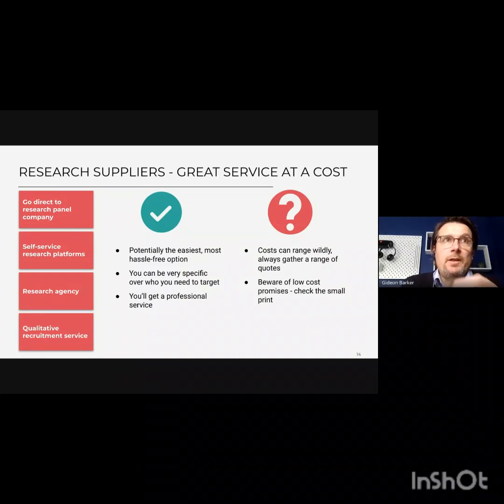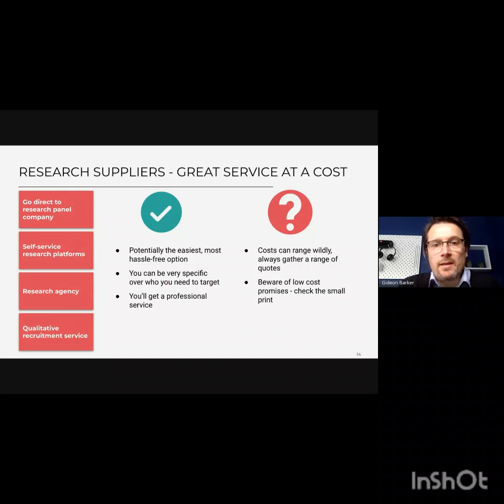But you can go directly to a research company, a panel company, or a research agency. They can take a lot of this off your shoulders and do a lot for you. Obviously, you'll need to pay them for their time. There are a number of emerging tech solutions. There's lots and lots of self-service research platforms.